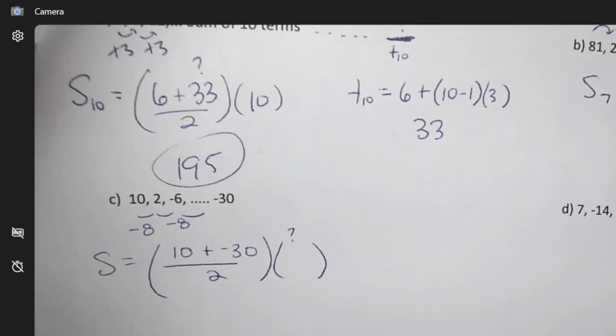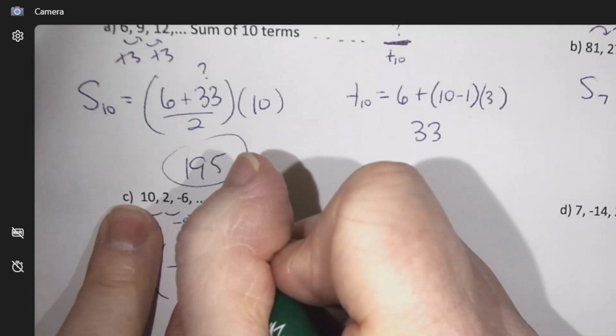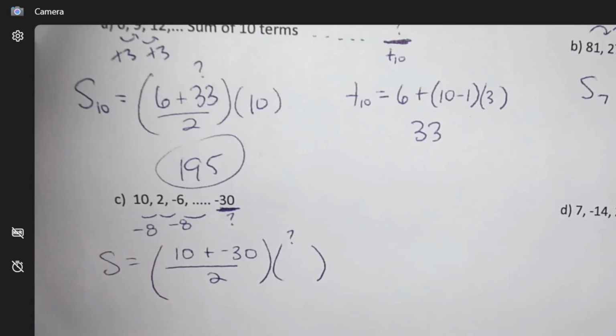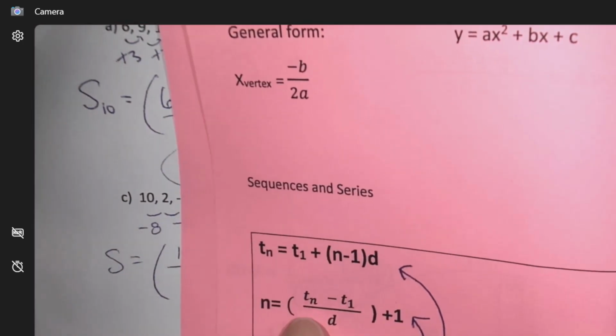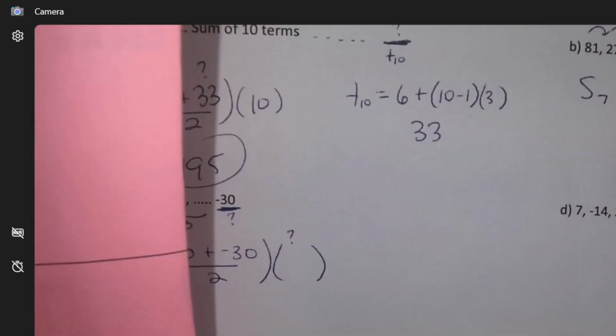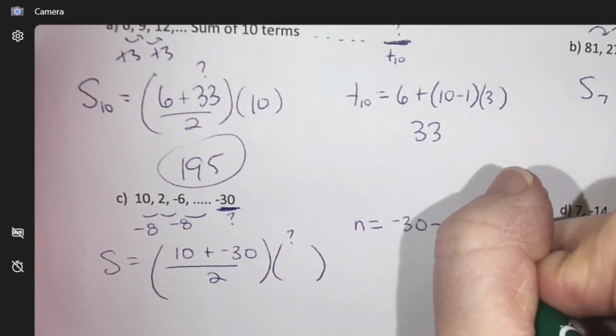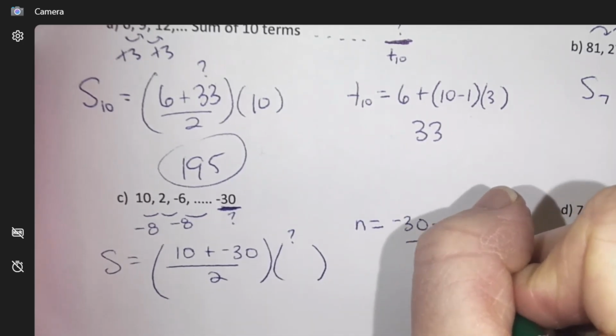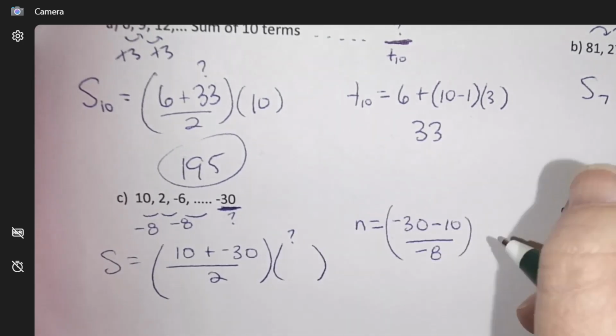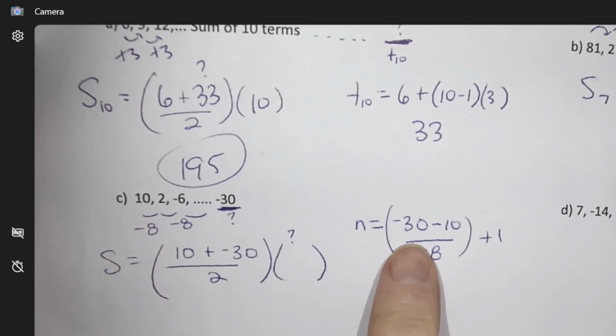So this time I don't know how many terms there are. This is the last term, but what position is it in? That's what you're going to figure out. I want to know what position that is in. How many did I go up to? So here we go, formula for that, n. n equals the last term minus the first term, over the difference, plus 1.